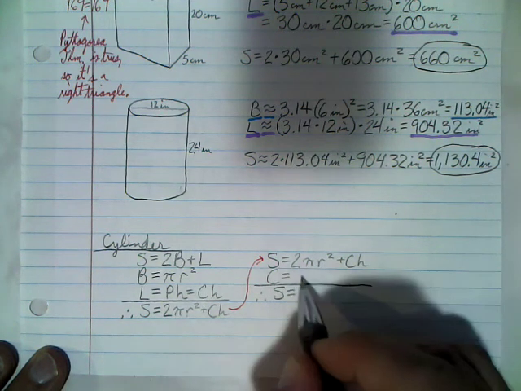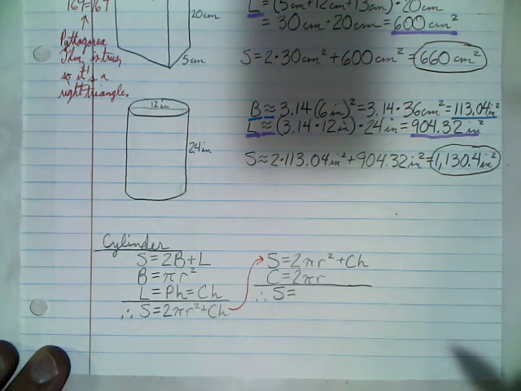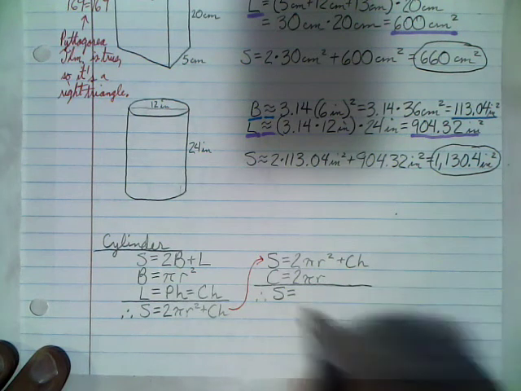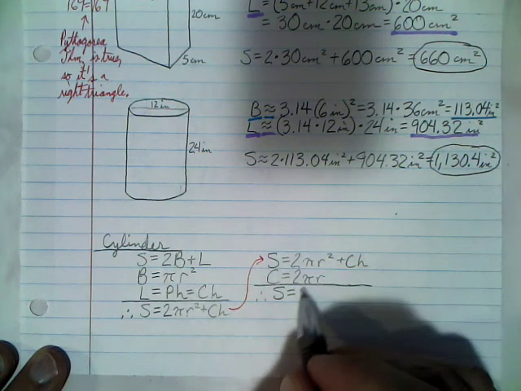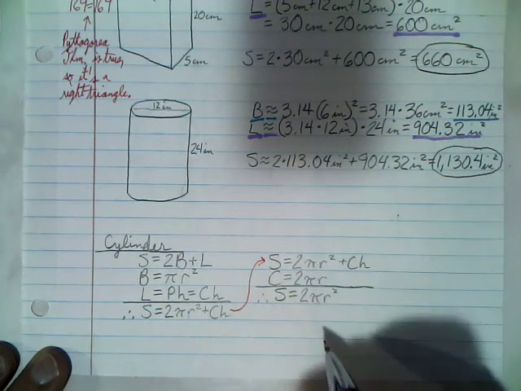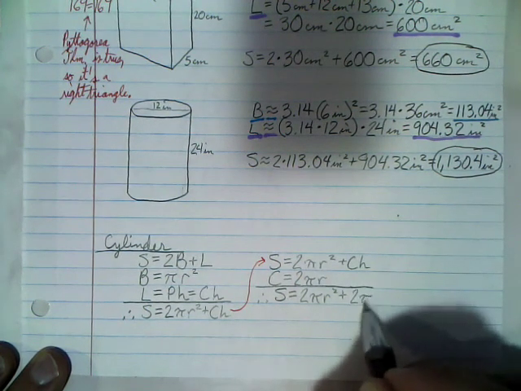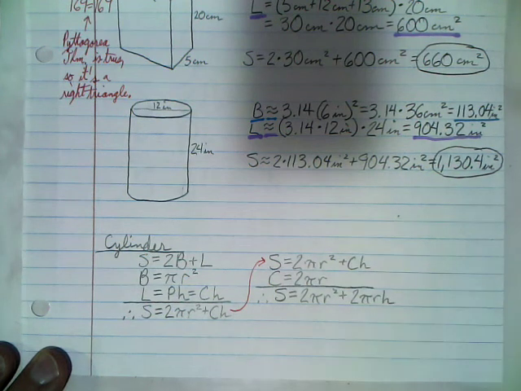So circumference is 2 pi r. So then surface area will be 2 pi r squared, that's this part, and then over here we'll have plus 2 pi r h.